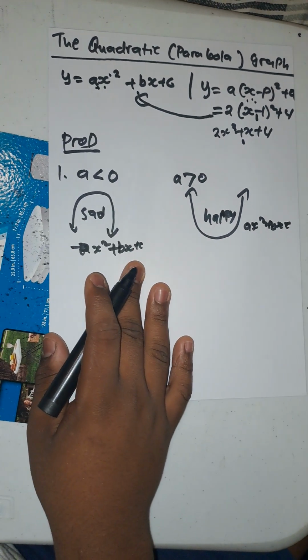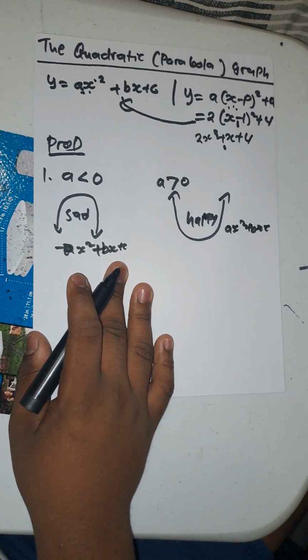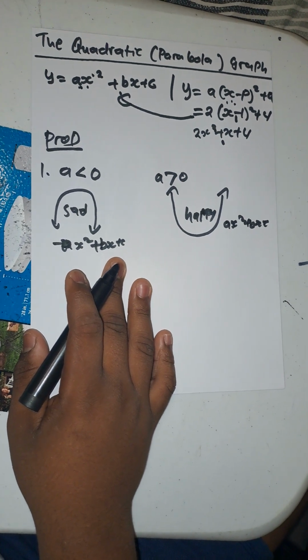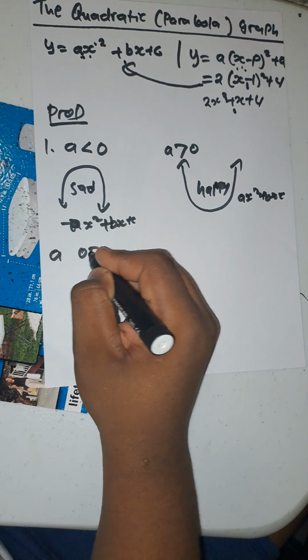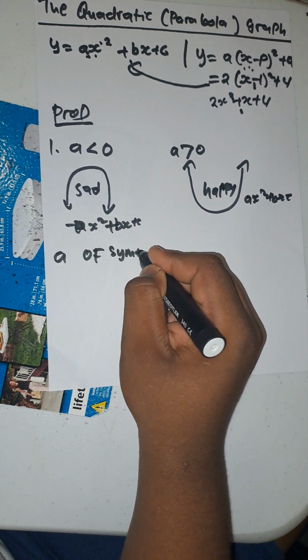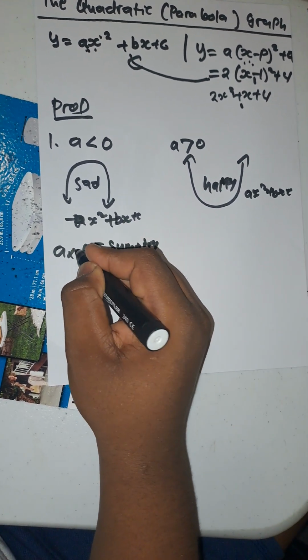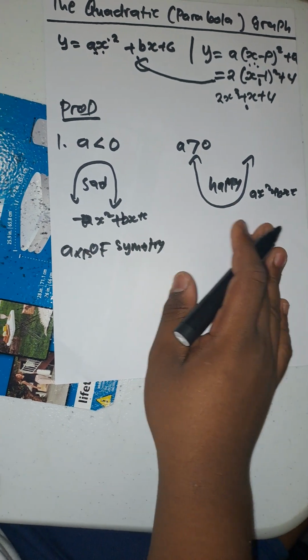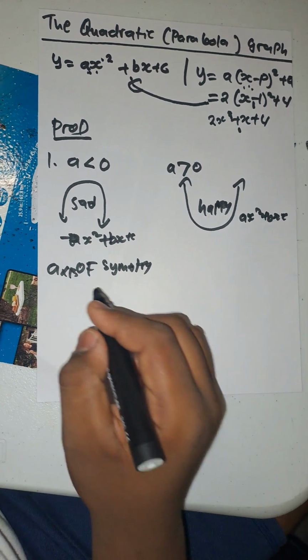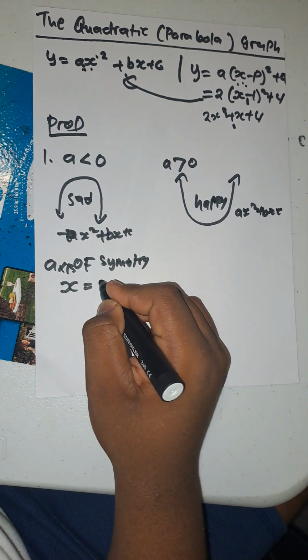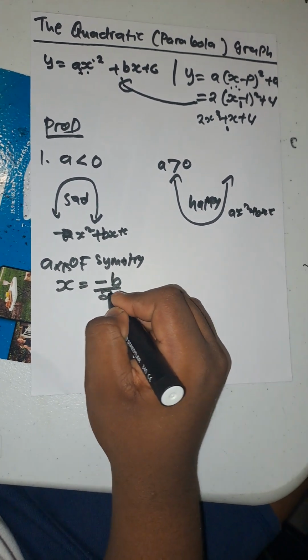The graph has an axis of symmetry. The axis of symmetry is also called the turning point line. And what is the equation for the axis of symmetry? It is x equals negative b over 2a.